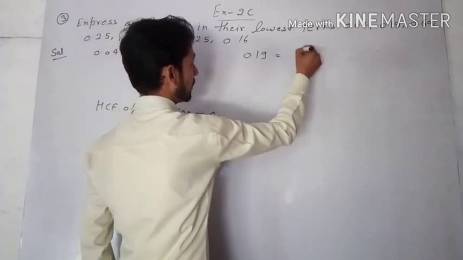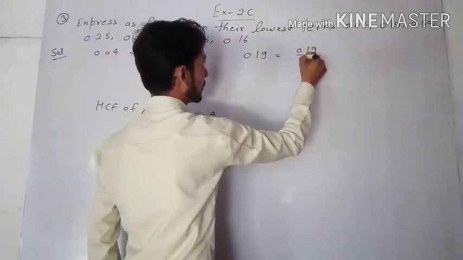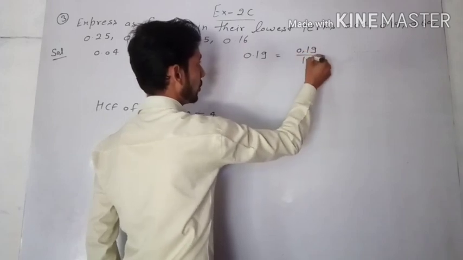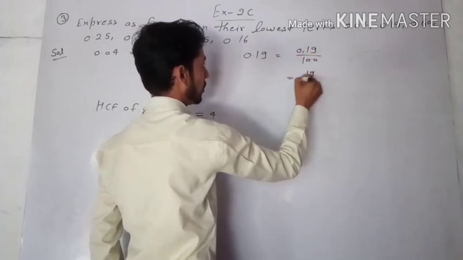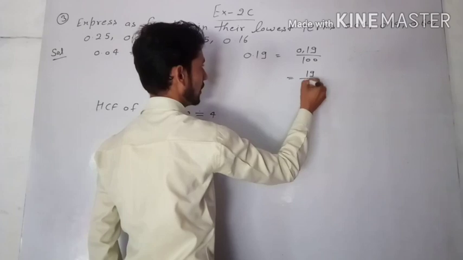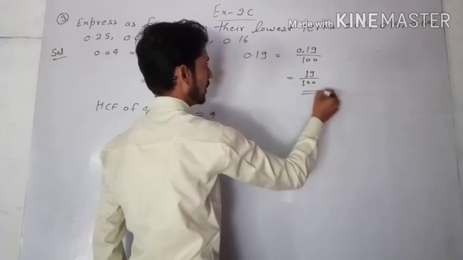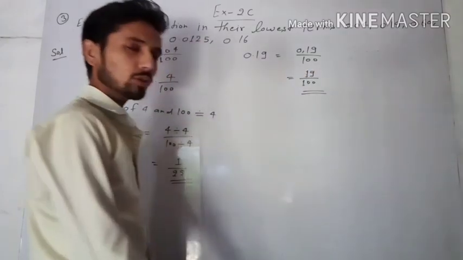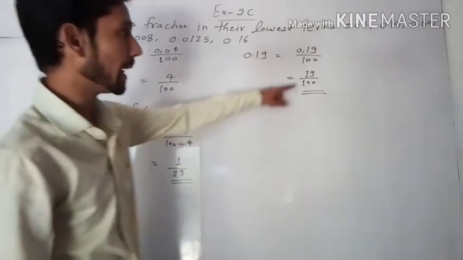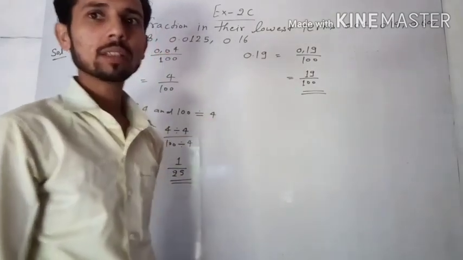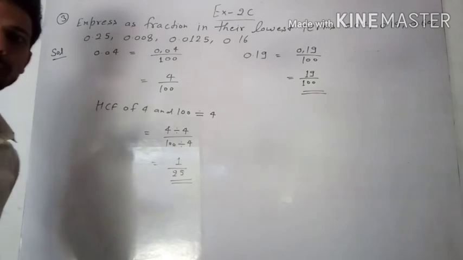First of all, we will convert it into a fraction. Write 19 upon 100. There is no common factor between 19 and 100 because 19 is a prime number.